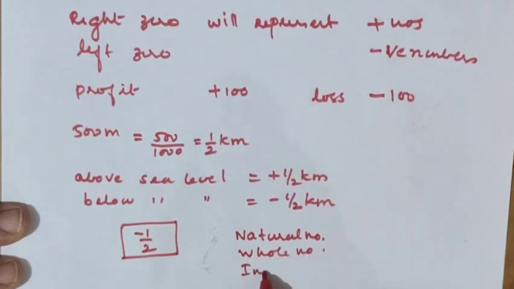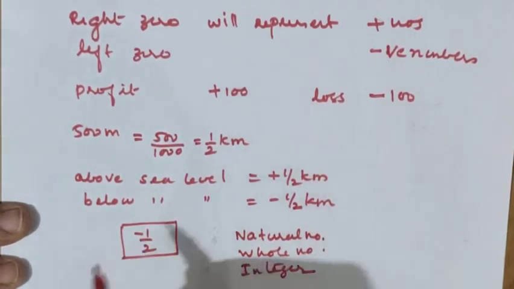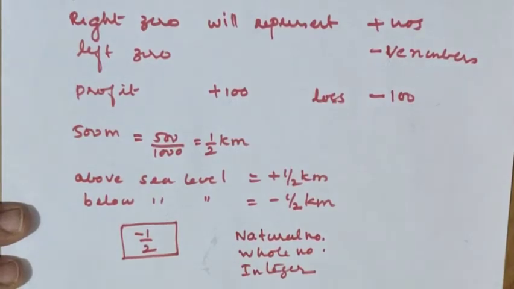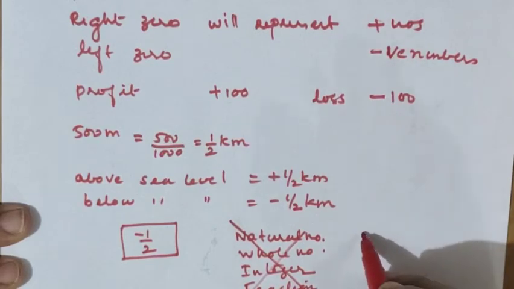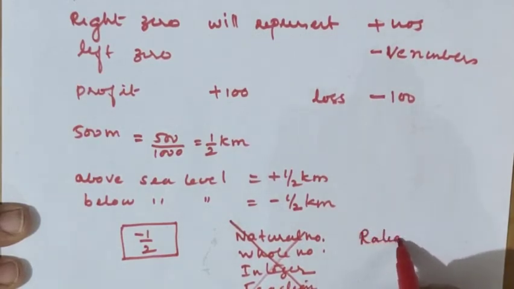Minus 1 by 2 is not in natural numbers, whole numbers, integers, or fractions. It does not come in any one of the groups, so we need one more group, that is called rational numbers.